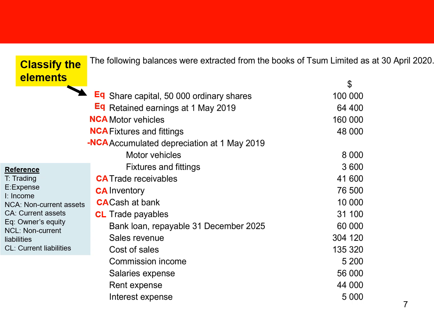Okay. For the bank loan, if you notice, they talk about repayable on 31st December 2025. Right now, we are preparing the statement on 30th of April 2020. So the date simply tells you that they are going to pay off the loan by 2025. Whether the date is mentioned or not, it doesn't matter, because bank loans are all non-current liabilities.